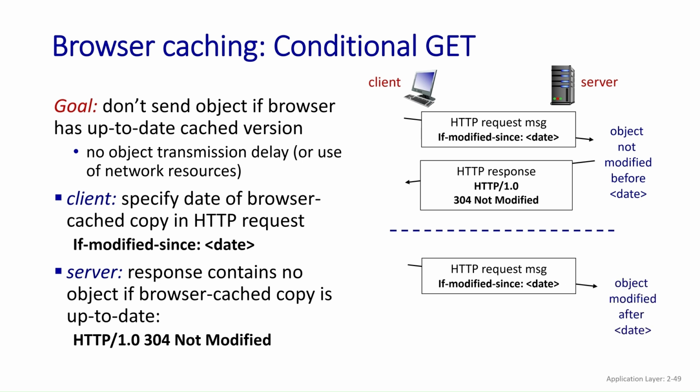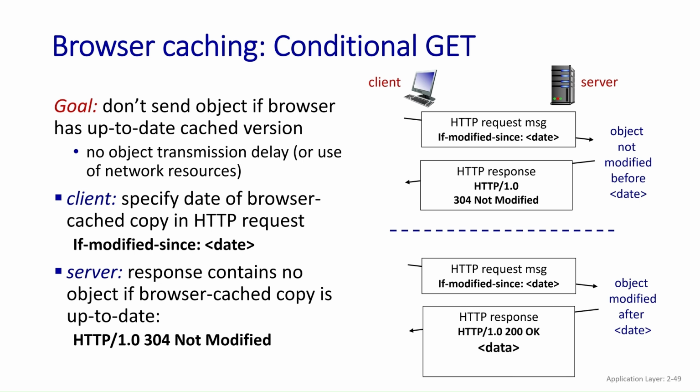If I send a request again after some time and the object has been modified since that date, now the response is HTTP/1.1 200 OK, which means this time the object will be sent in the data field. Here we will not send the object. It will include no data whatsoever.